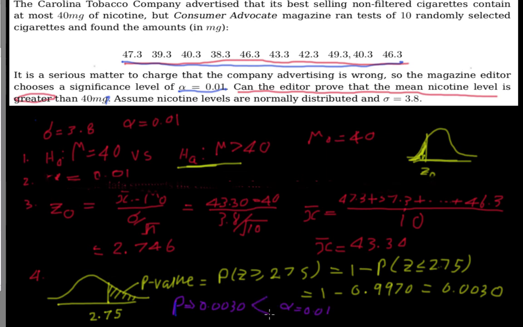So alpha is greater. If alpha is greater than p-value, our decision is H0 is rejected. If p-value is greater than alpha, then H0 is not rejected.